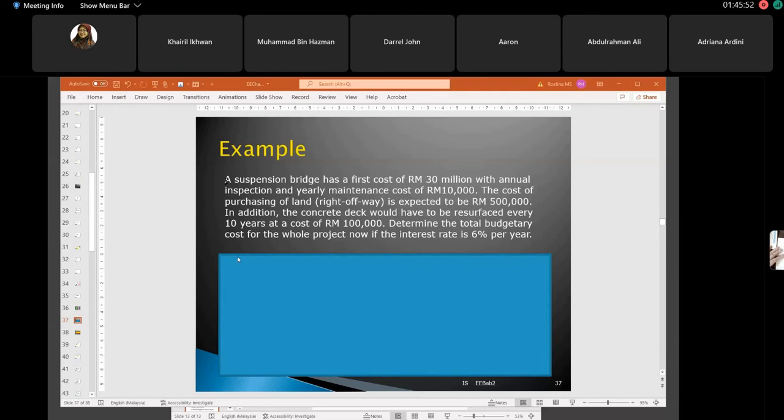With annual inspection and yearly maintenance cost of 10,000, so A is 10,000.